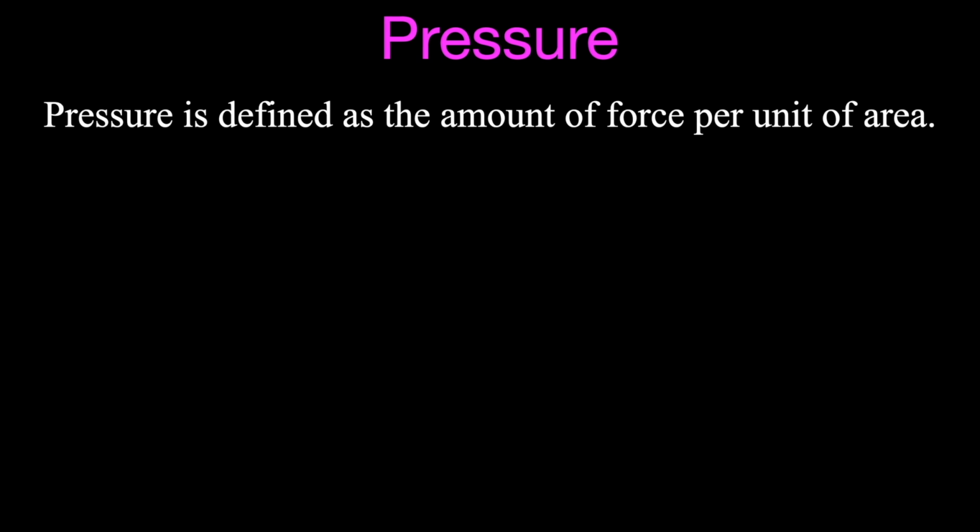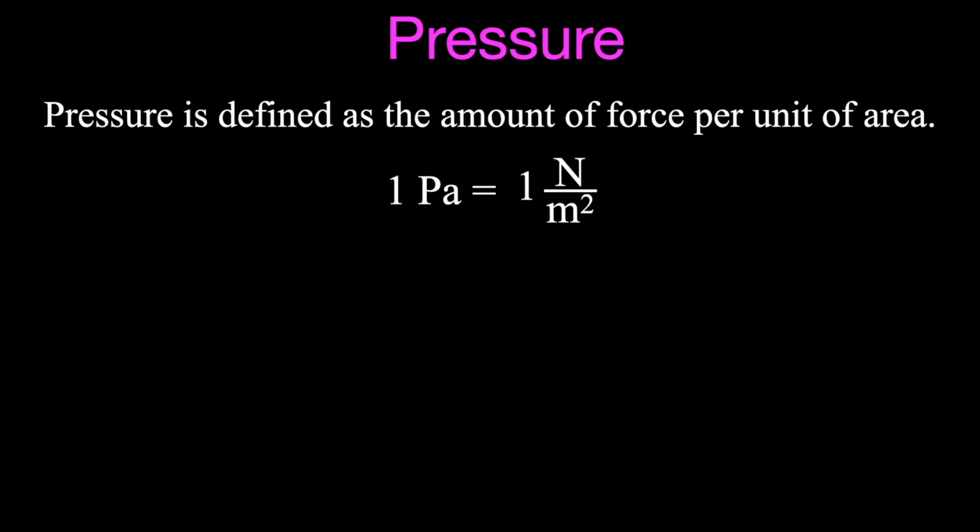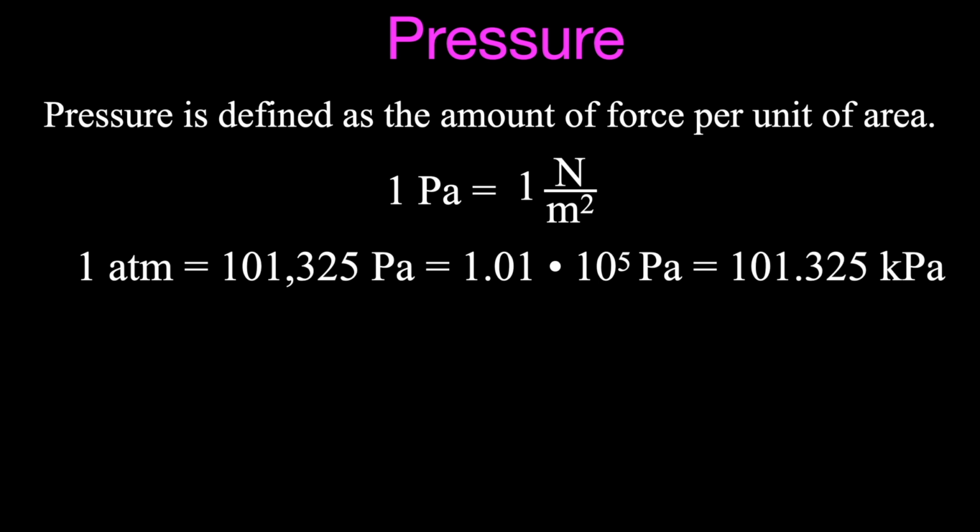Now, for the units for pressure, the most common unit is the Pascal, which we said is 1 Newton per meter squared. But you will also see some other units are common, such as 1 atmosphere. 1 atmosphere is the mean pressure at sea level. And 1 atmosphere is equal to 101,325 pascals, which you will sometimes see written as 1.01 times 10 to the 5th pascals.